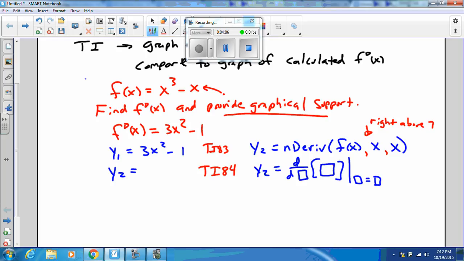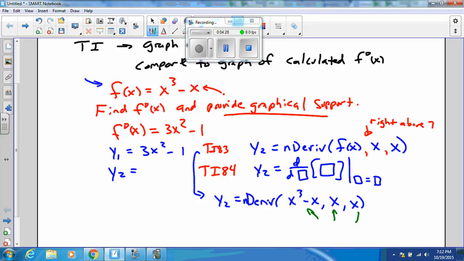And so in our case, because our f of x is equal to x cubed minus x, then on the TI-83, you would type in y2 is equal to nDeriv of function, x, x. And what this means is that it's going to take the derivative of this function with respect to this variable at this point, which is x.